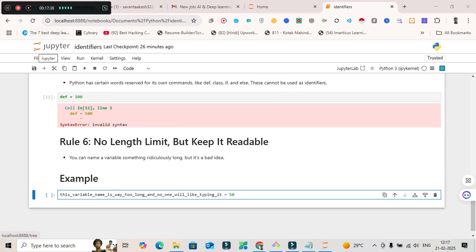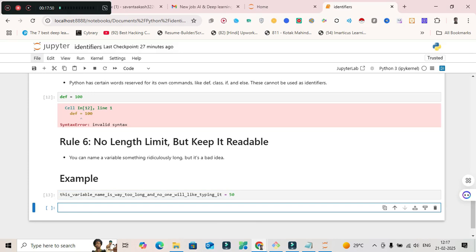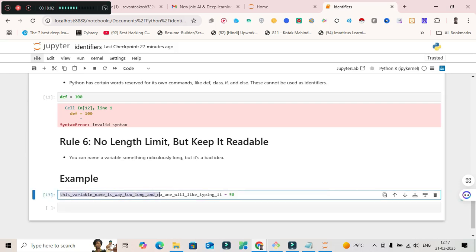If you notice here, there is no limit, correct? Like, this variable name is way too long and no one will like typing it. If I just execute it, it will run, not an issue, folks. But it is not a better practice to have such a long naming convention. Will you have a name like that, such a long thing?